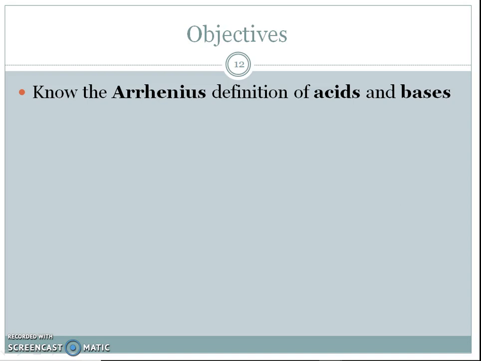The Arrhenius acid and base is the most simple and the one that you probably will understand because it's one we've talked about forever. An acid always starts with an H, so it has H plus ions. A base always ends in OH, so it has OH ions. So that's the simplest. Then we're going to talk about the Bronsted-Lowry acid and base and what that definition really refers to. And at the very end of the chapter, we're going to talk about Lewis acids and bases.